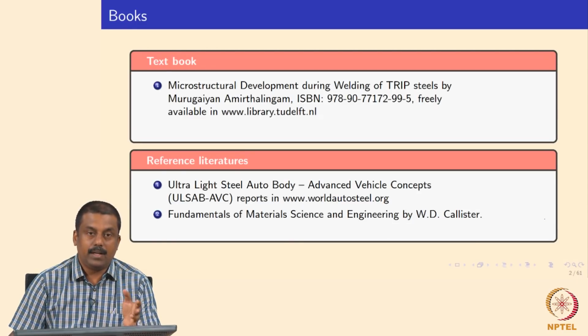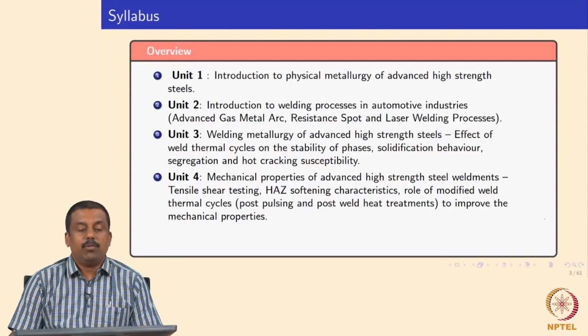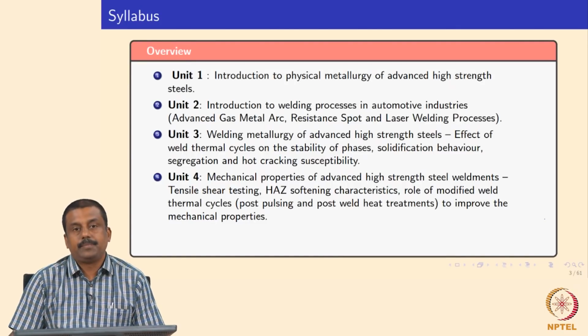You can also refer to the book Fundamentals of Materials Science and Engineering by William Callister, which is also very handy. Apart from that, I'll also be giving these slides and some of my own literature for your reference.